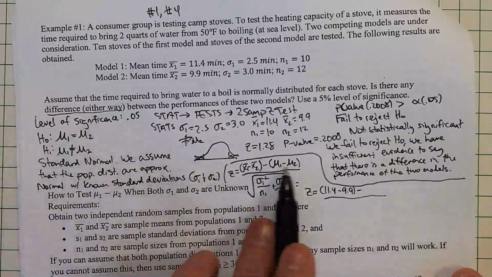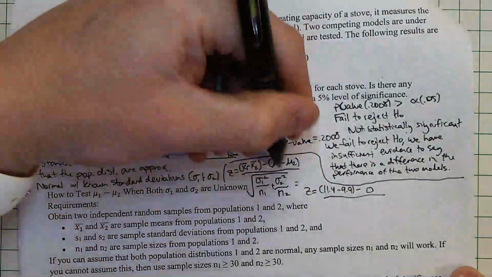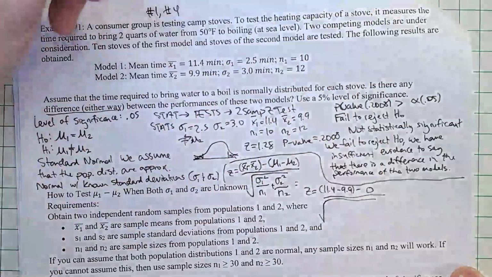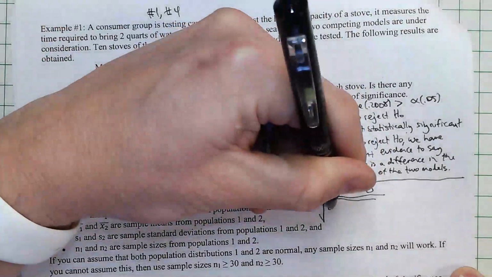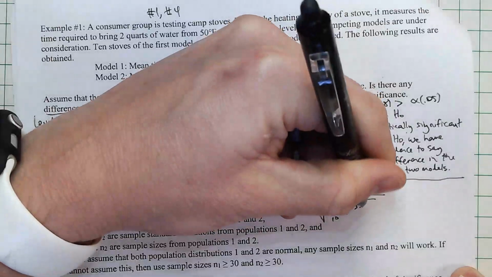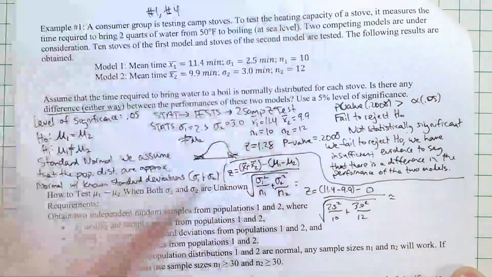So this is going to be 0. When you assume they're equal, this value right here will be 0, divided by the square root of 2.5 squared divided by 10 plus 3.0 squared divided by 12. This will give me the Z value.